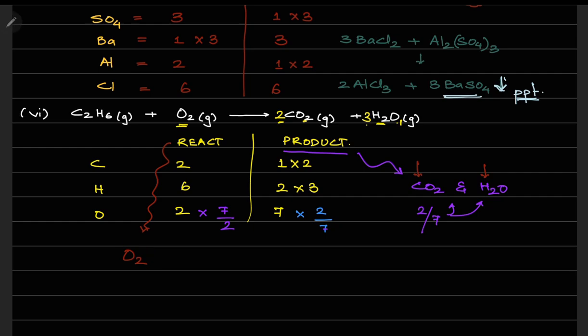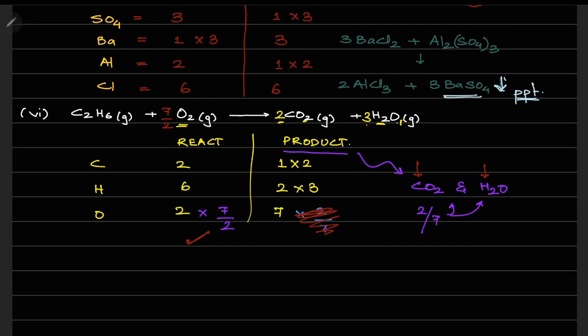I would multiply the oxygen on the reactant side with 7 by 2, and this would be my correct option. This would not be my correct option. Again, I have already discussed why it is so. So 7 by 2 into 2, 2 and 2 will get cancelled off. 7 will become equal to 7. So I need to multiply this thing with 7 by 2.